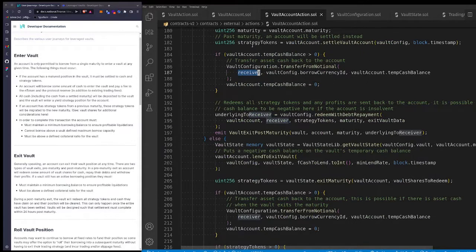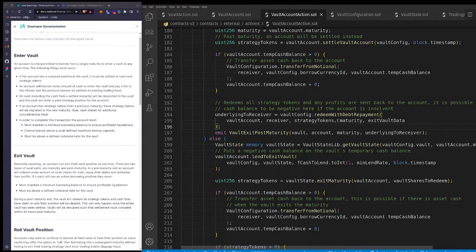It is possible that during this settlement, the account will need to repay some debt. That is if the account has ended the vault maturity and is actually insolvent. We'll talk about that a little bit more in settlement, how that might occur.